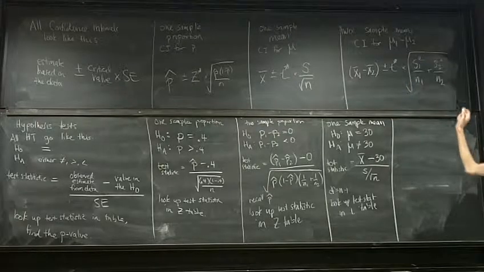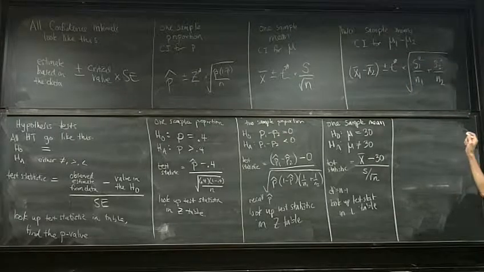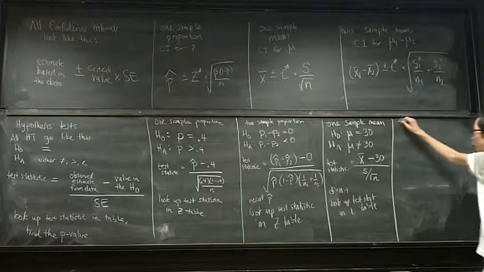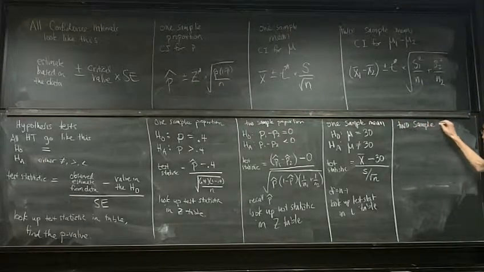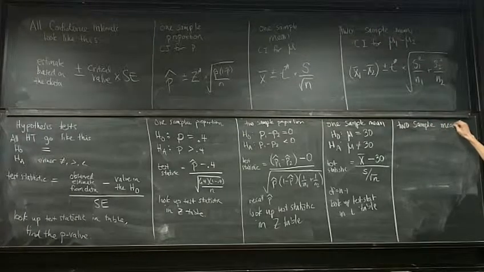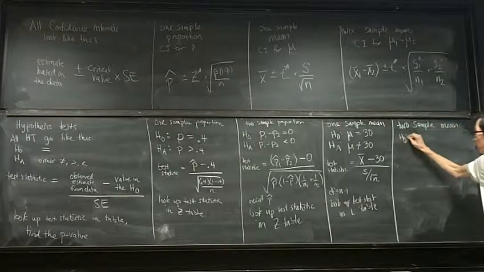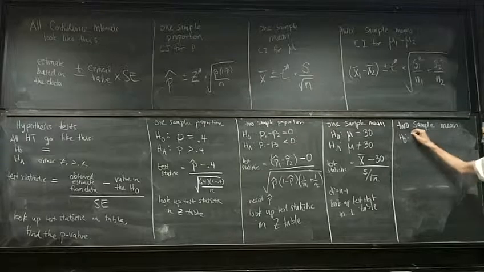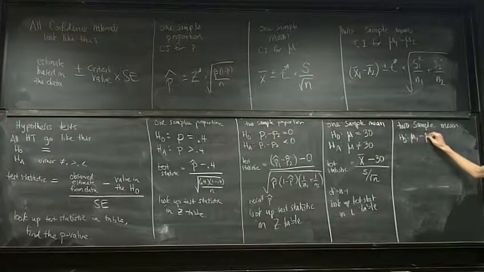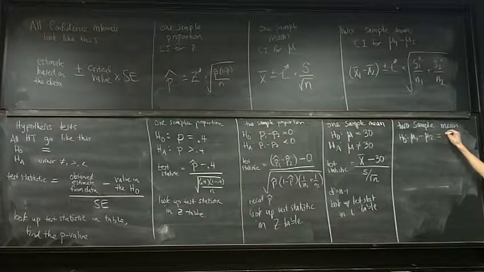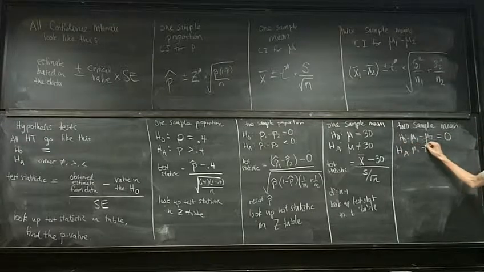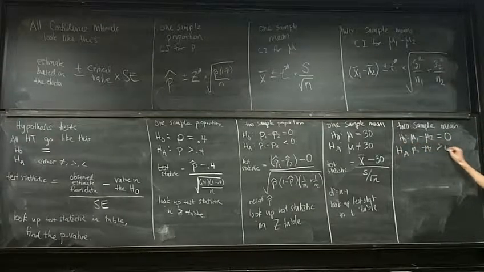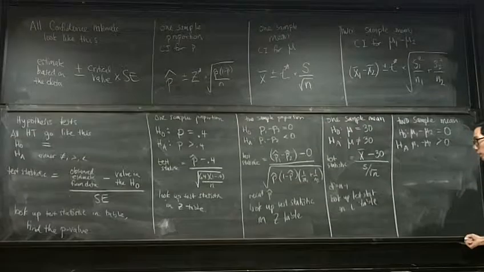Last one, I know it's 10 o'clock, but just two minutes. We've got two sample means. What is my null hypothesis? Mu1 minus mu2 equals 0, and the alternative, mu1 minus mu2 greater than 0, whatever.